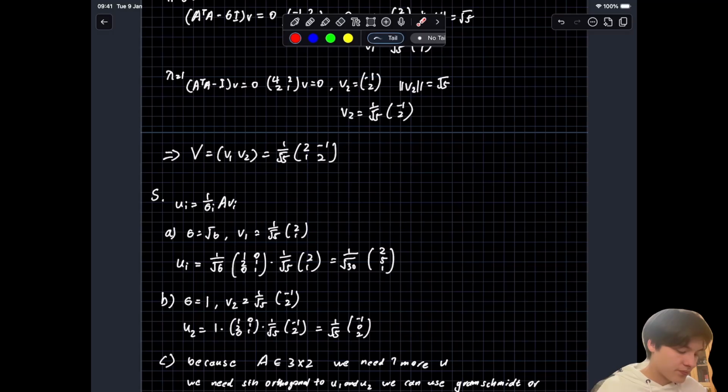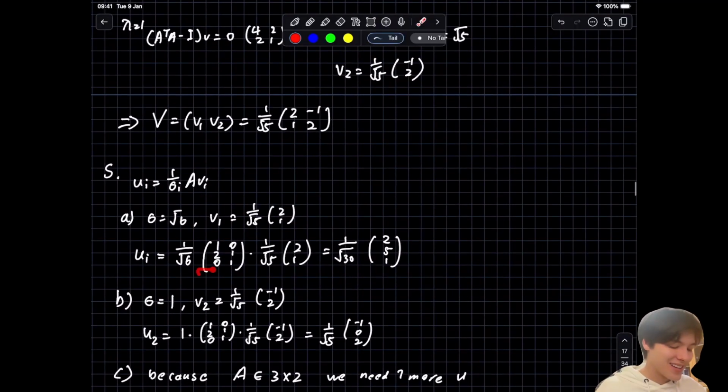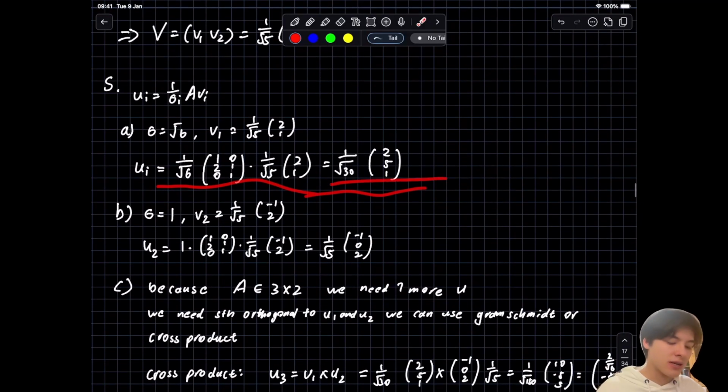So our u is 1 over the singular value times A, times our v1. When we do this, we can get this as the solution. So this is our u1.